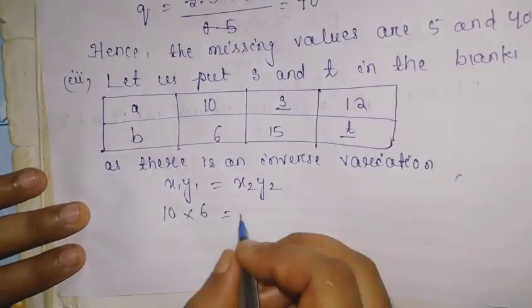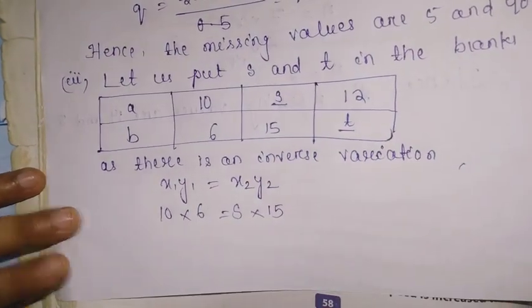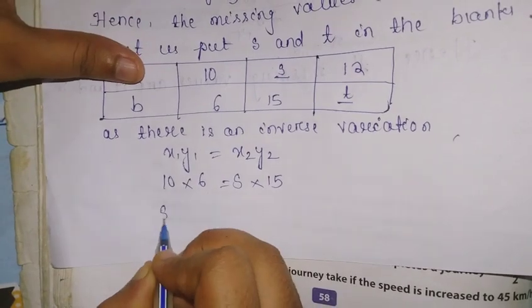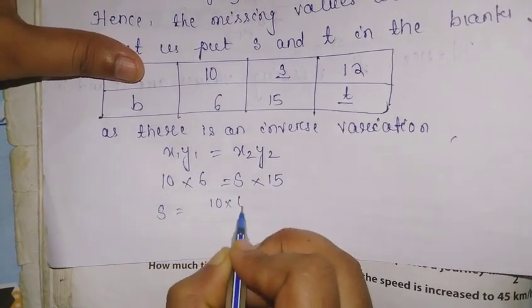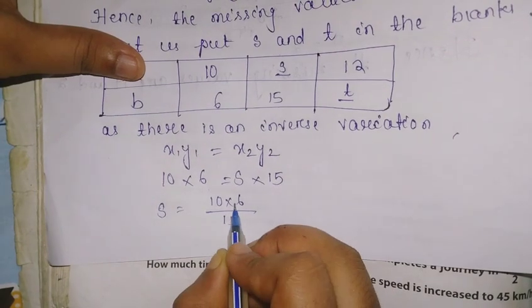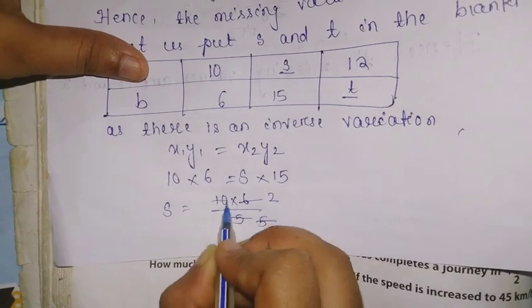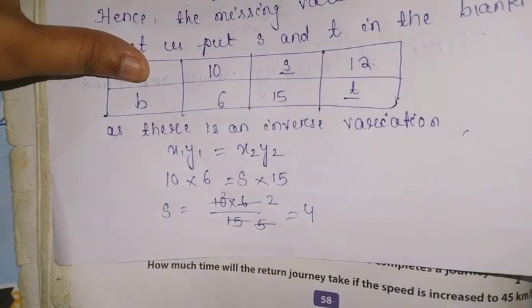Then x2 is s, y2 is 15. Then s equals 10 into 6 divided by 15. Then 3 twos are 6, 3 fives are 15, 5 twos are 10, 2 twos are 4. S equals 4.